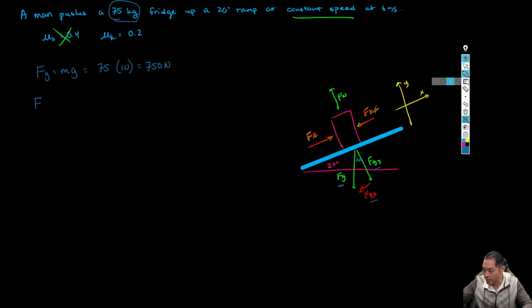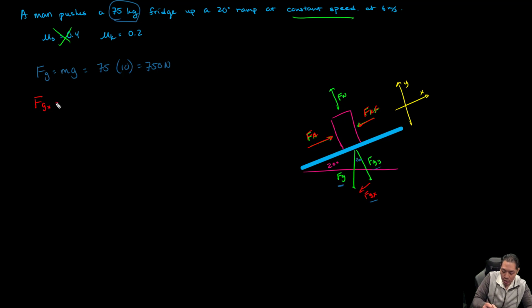FGX is red, so let me do that. F of g in the x direction is equal to F g sine theta. So that's 750 sine of 20 degrees.